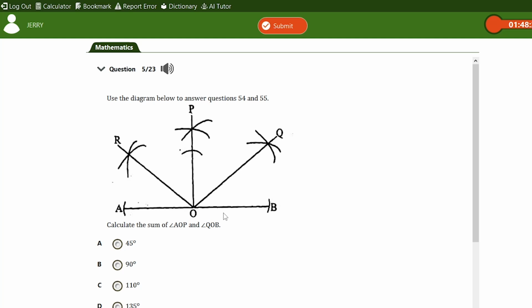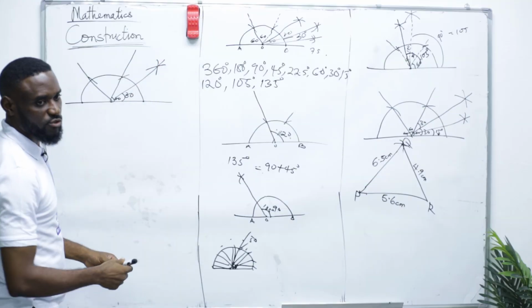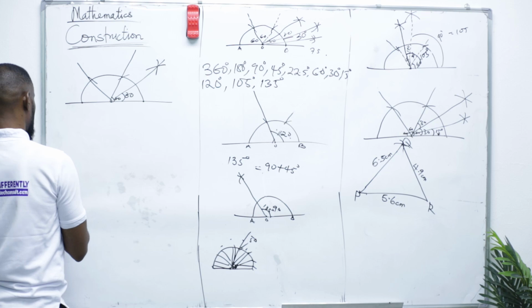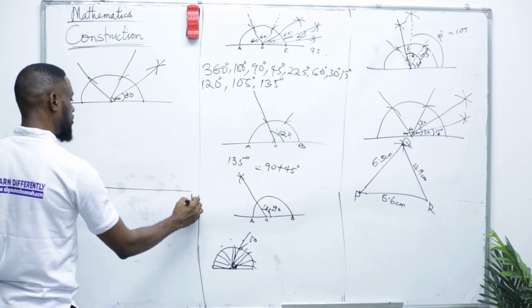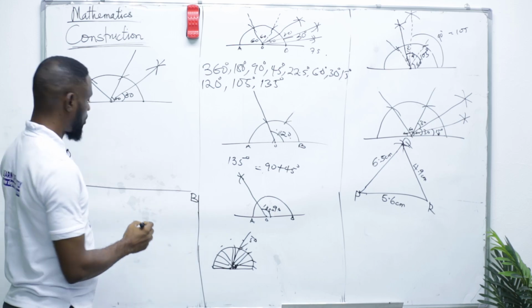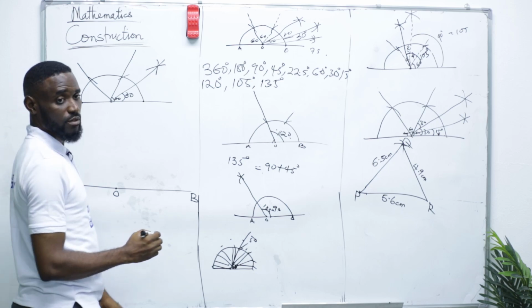Now look at this. We'll have to do some calculations. If you're given this in your exam, let's draw it. This is A, B, at point O. That is the point of origin.